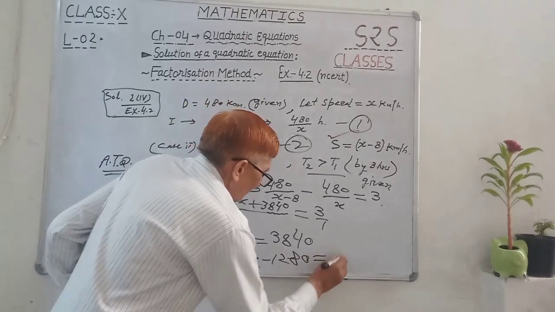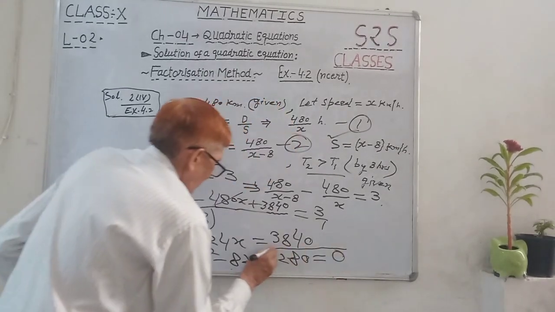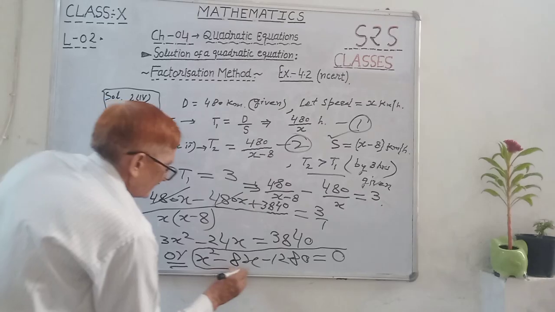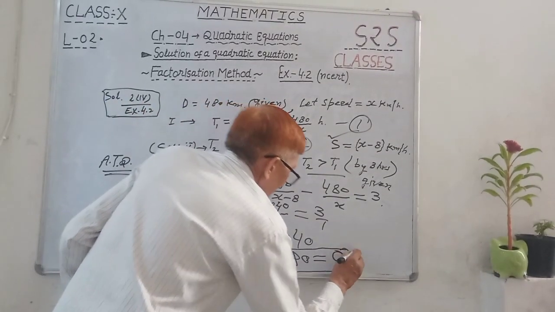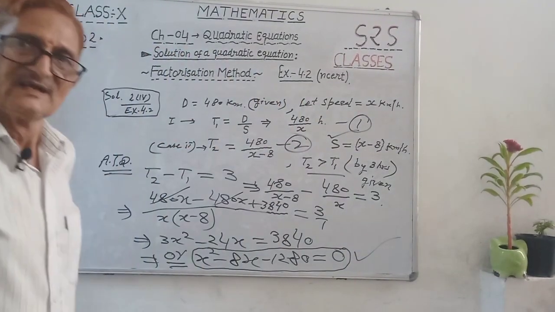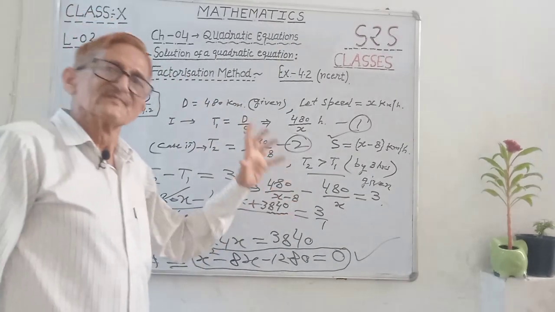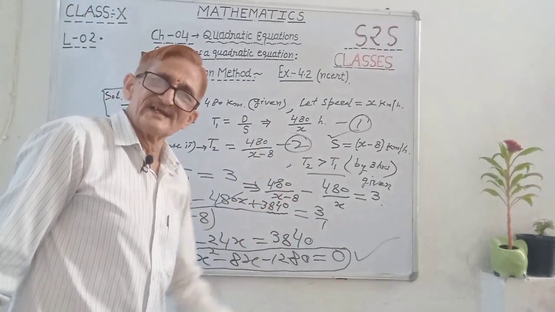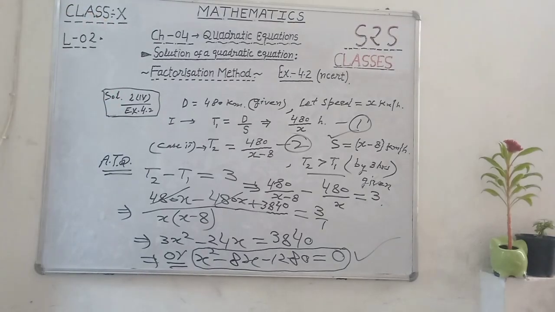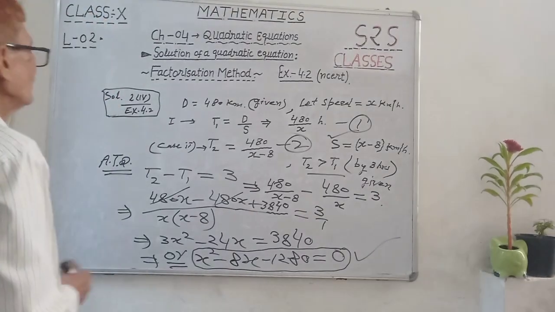This is equal to 0, the required quadratic equation. We can say that this is the representation of the situation that was given, in quadratic equation. Done.